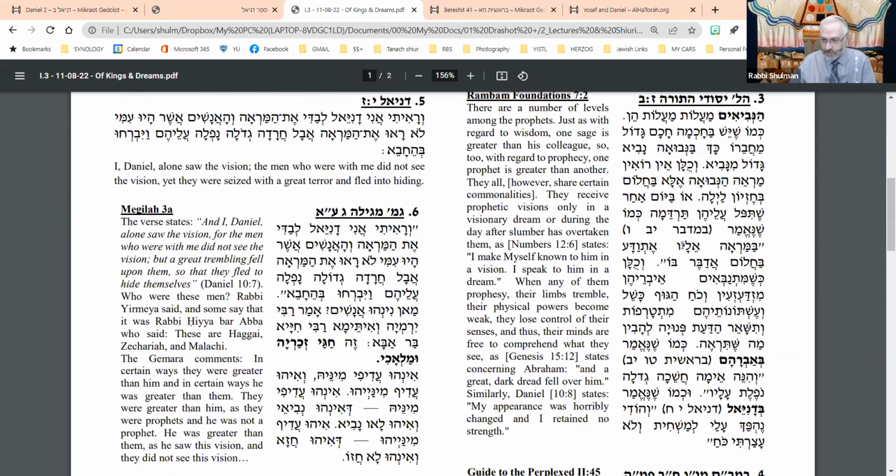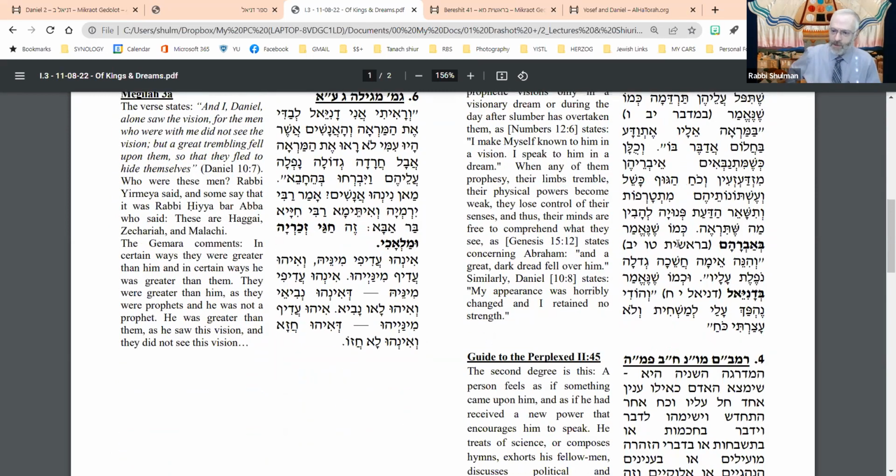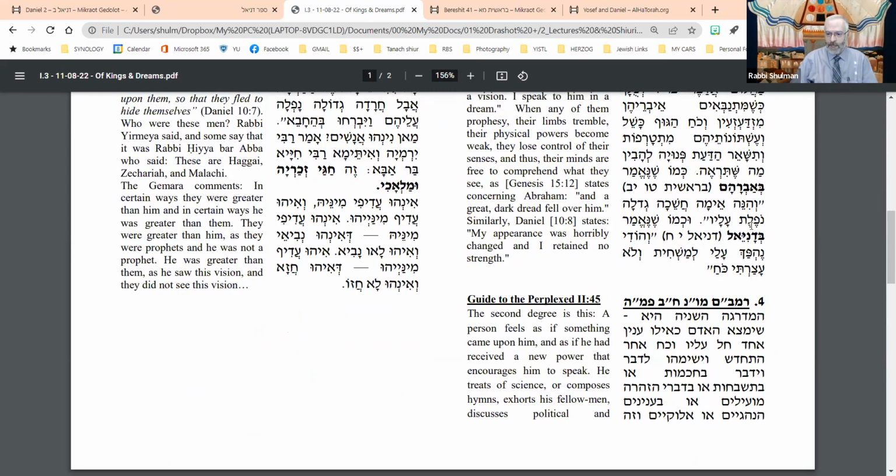What does that mean? It's a little bit of a contradiction in the Rambam, but we're going to start with source 4. So the Rambam in Moreh Nevuchim.